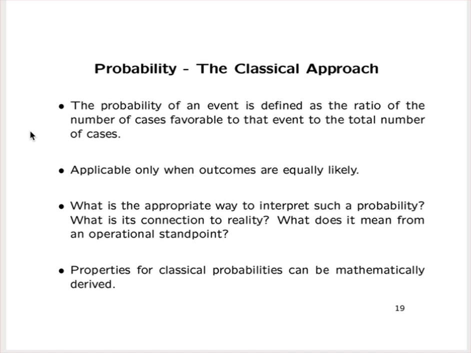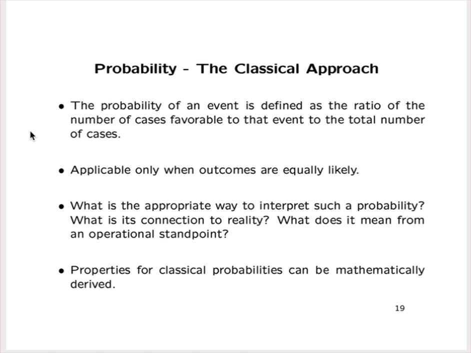In fact, almost always you would be thinking about the classical approach. Courses in probability at, let's say, the high school level or even before that, are probably, without exception, always going to be approaching probability from the classical approach.